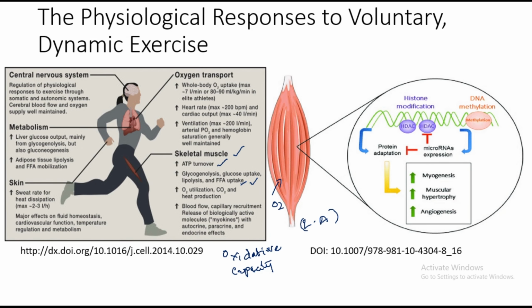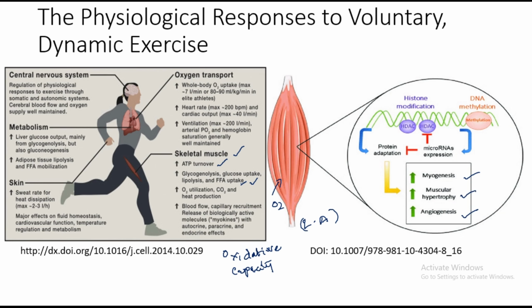And the same changes are seen at the DNA level, with activation of certain genes in the DNA of exercising muscles, increasing myogenesis, muscular hypertrophy, and angiogenesis.